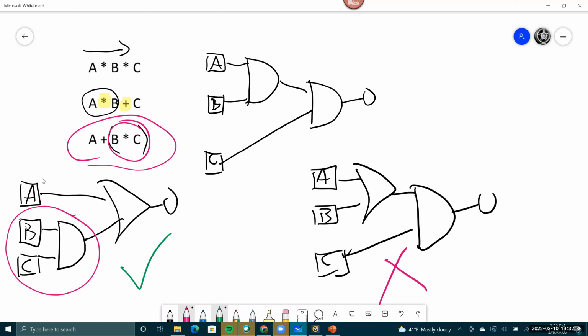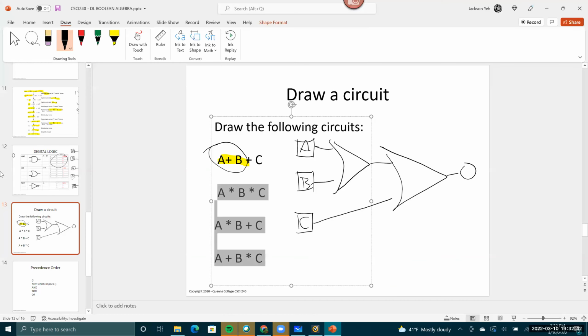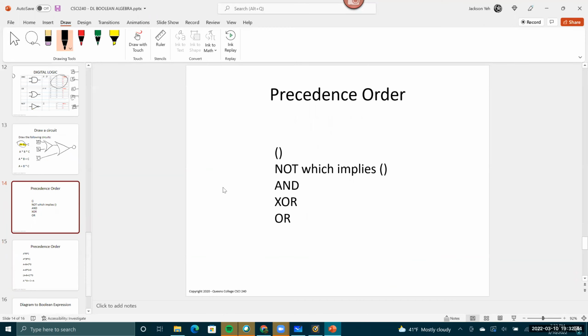All right, so let's take a look at some of the other rules of precedence, like which ones need to happen first. So precedence order: anything within parentheses needs to be done first, before things outside the parentheses. Number two is really not second, it holds the same level: NOT implies parentheses.